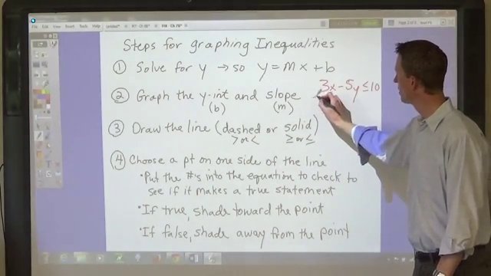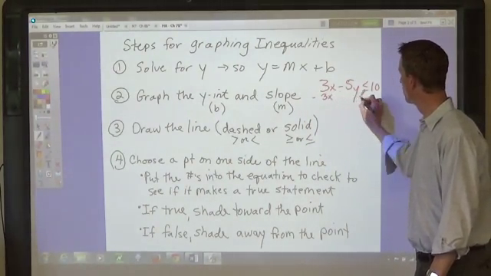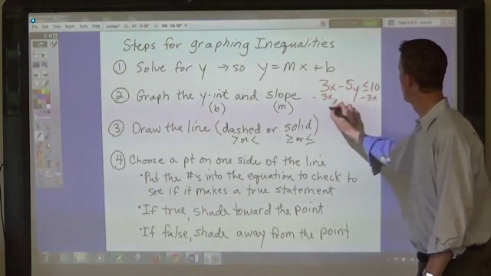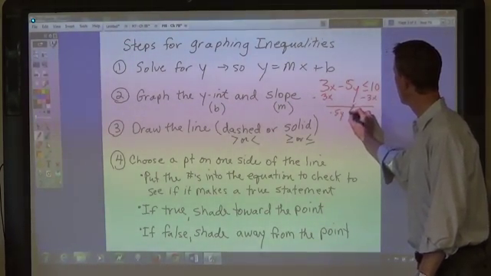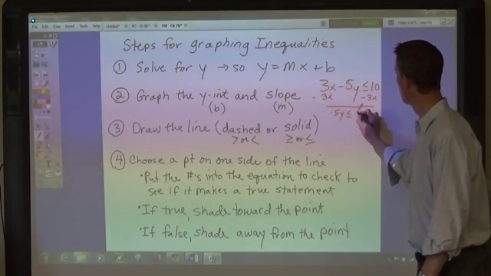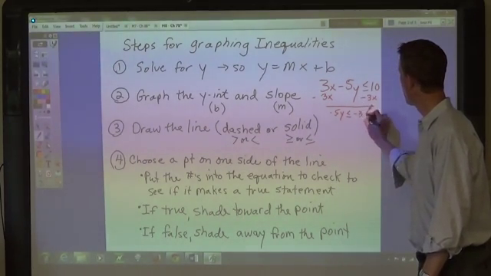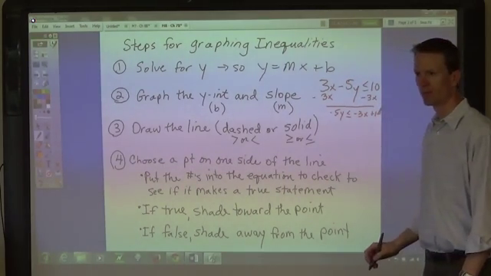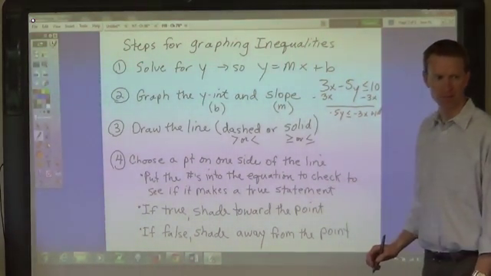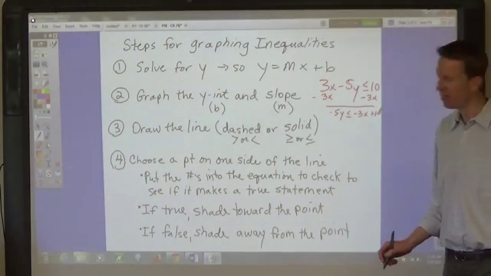If we were solving this, add negative 3x to both sides. So negative 5y is less than or equal to negative 3x plus 10. Sam, you with me?